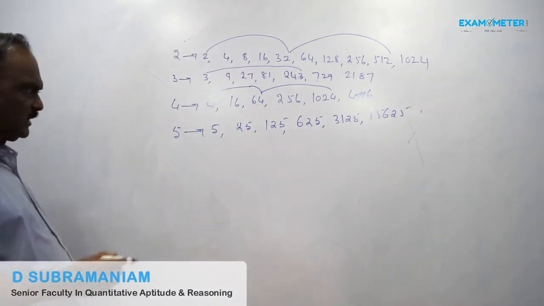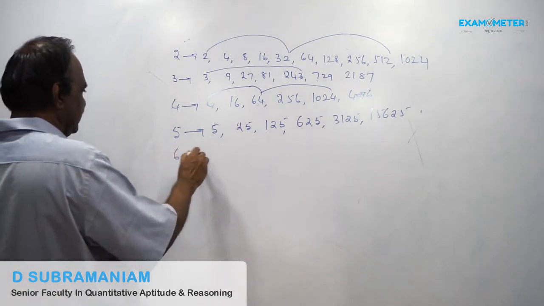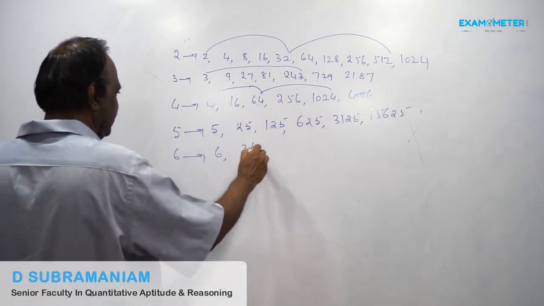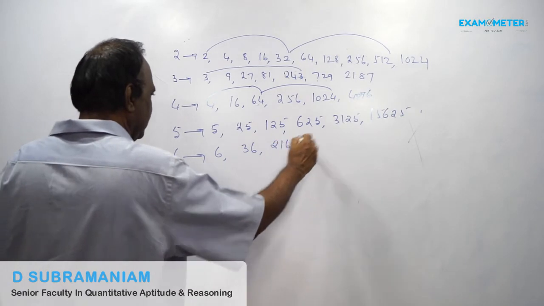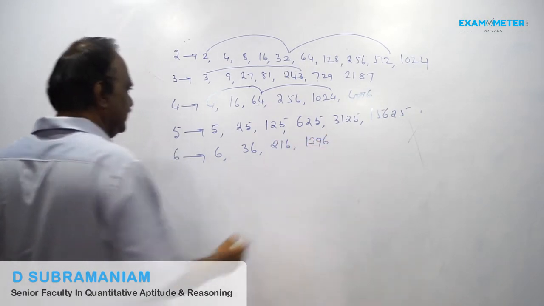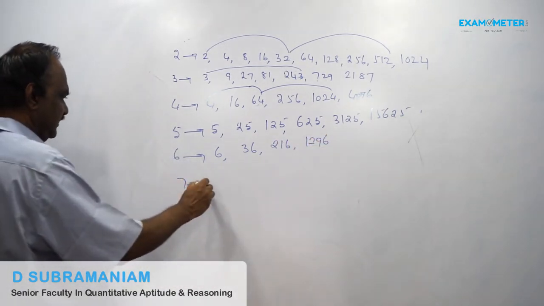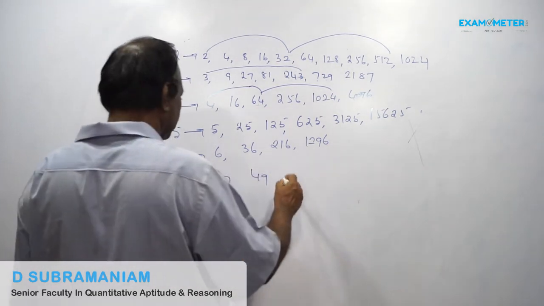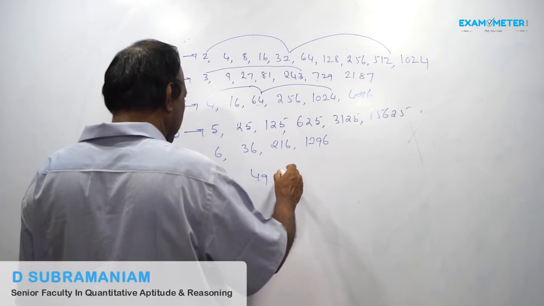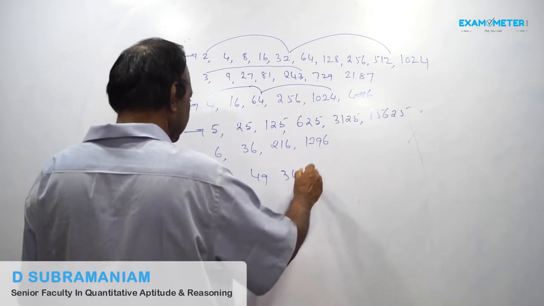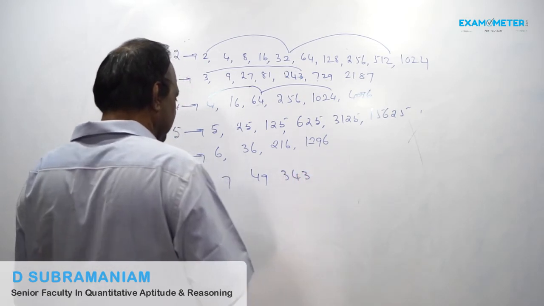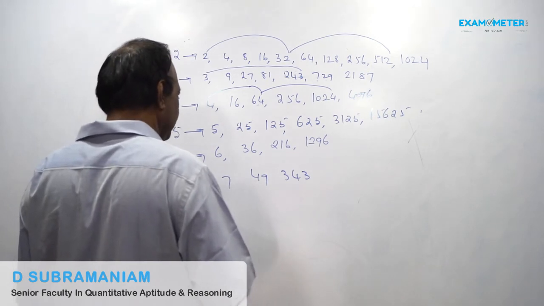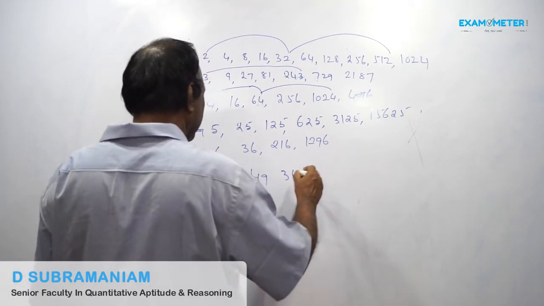Fixed. 6 square, 6 cube, fixed. 7 square, 7 cube, 7.